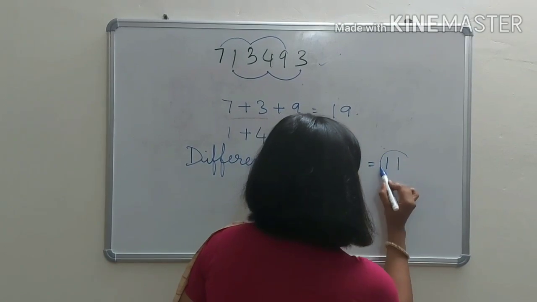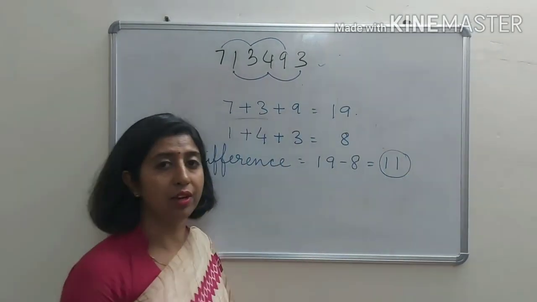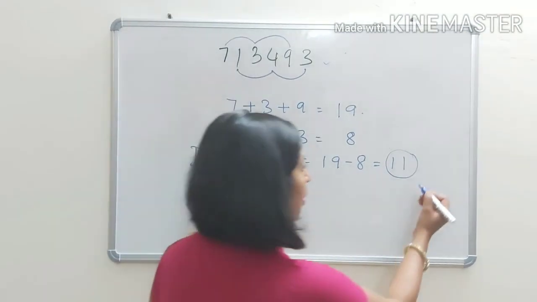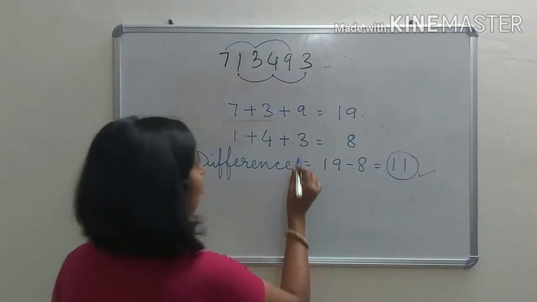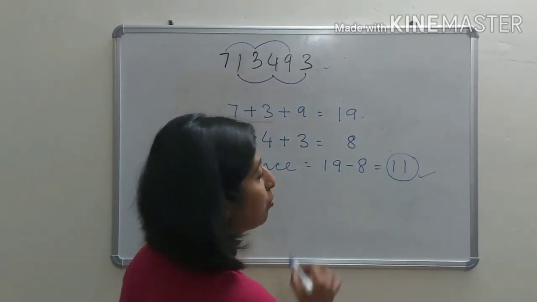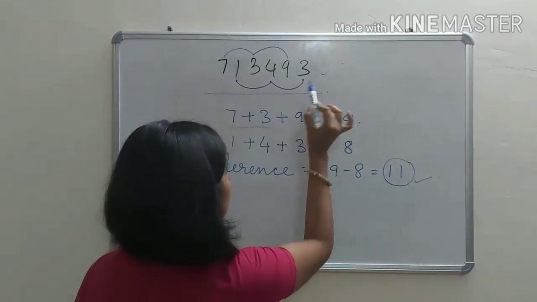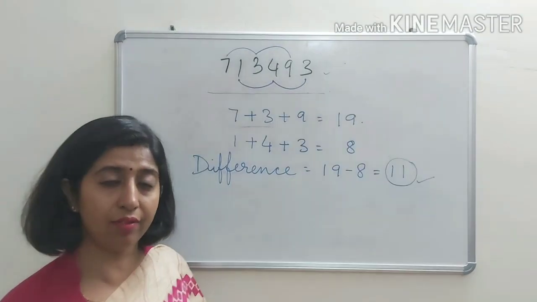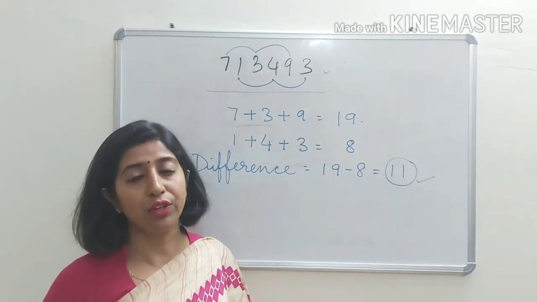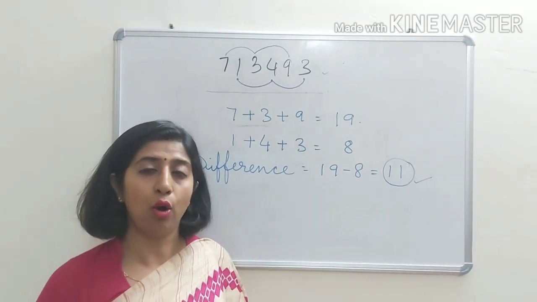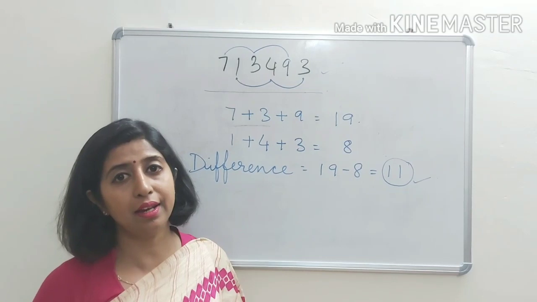Now, see this 11. 11 is a multiple of 11. So, if the difference is a multiple of 11, then this given number is also divisible by 11. In this way, we can check the divisibility of any number by 11.